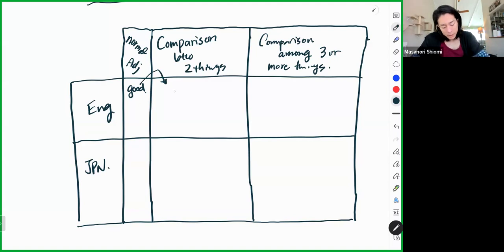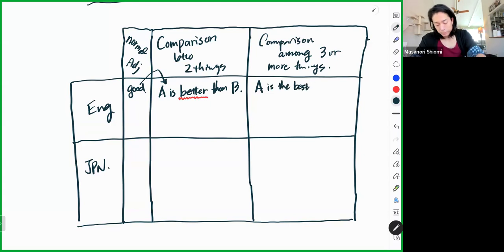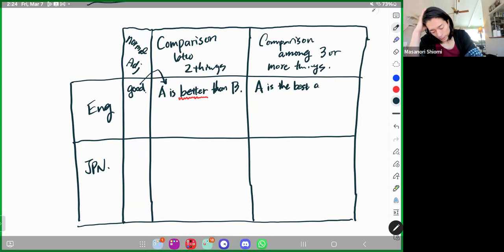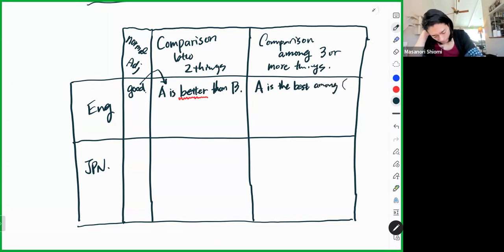Then in English, what we do is A is better than B. Yeah. So we change good to better, right? And when it comes to comparing among three or more things, right? A is the best, for example, among category, something, okay?